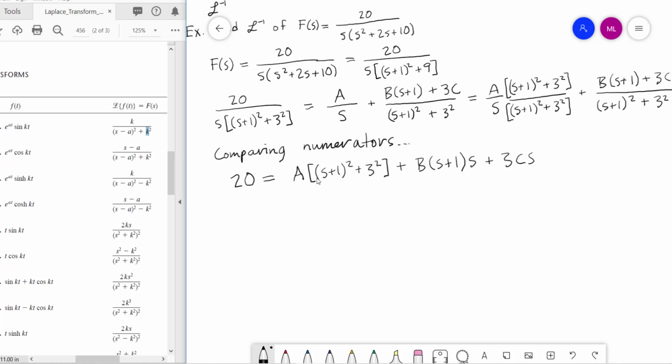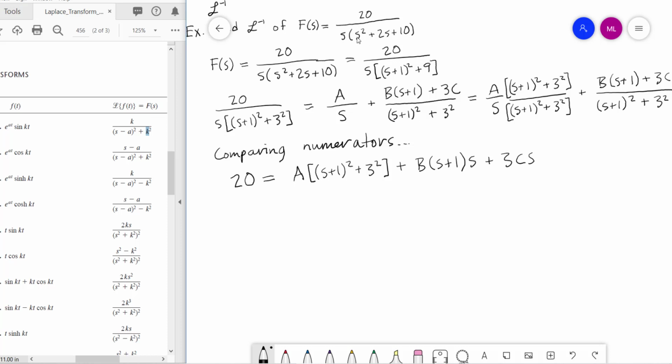And the reason that we might want to expand this back out is because in this form, it's not going to be very effective to plug in guesses, specific values for s. Whenever we have these quadratic factors, the method of picking specific values of s isn't going to work because I can't pick a specific value of s that'll make this term go to 0.